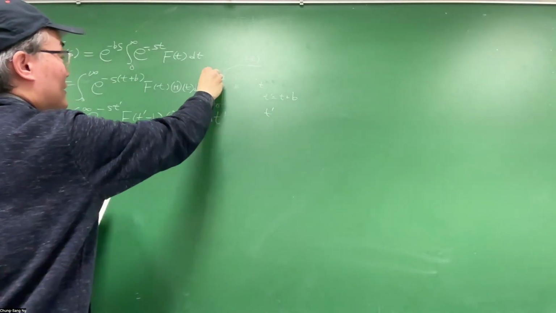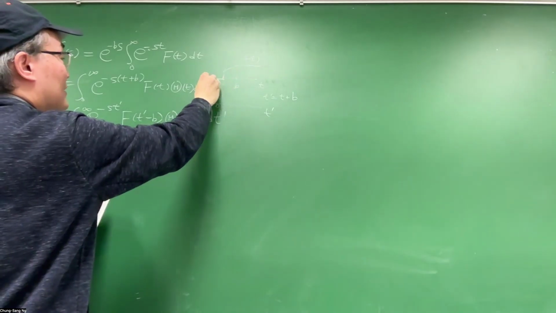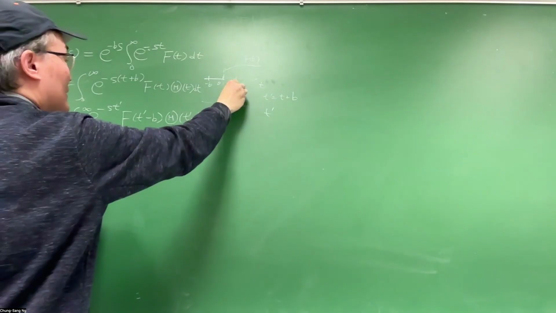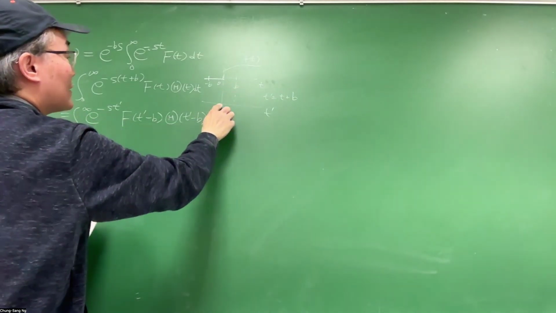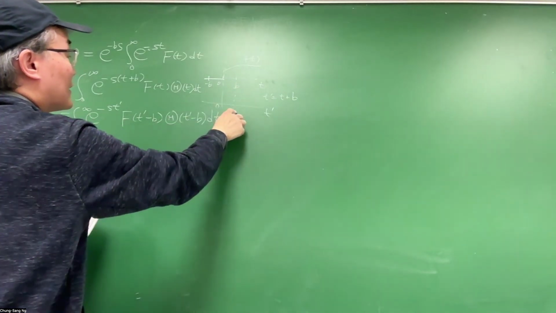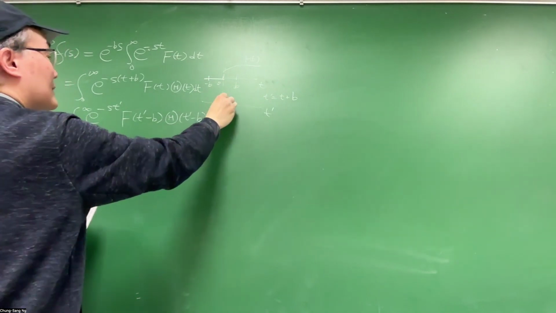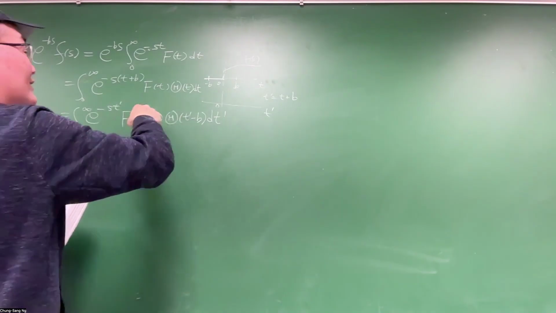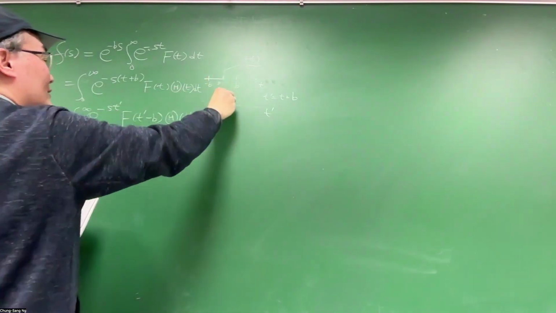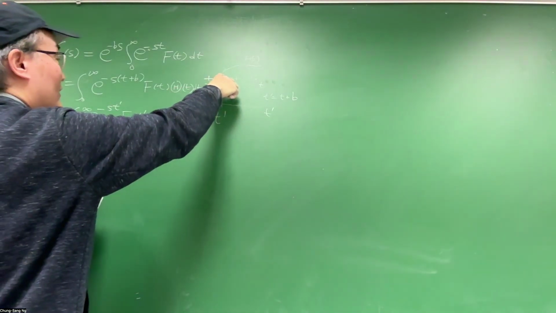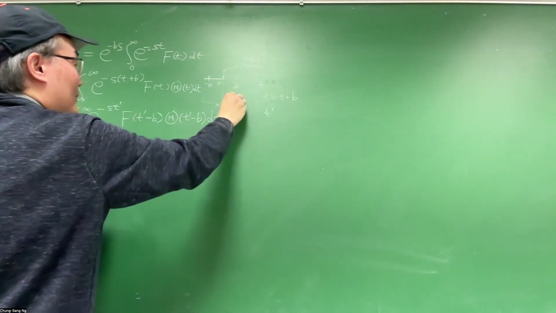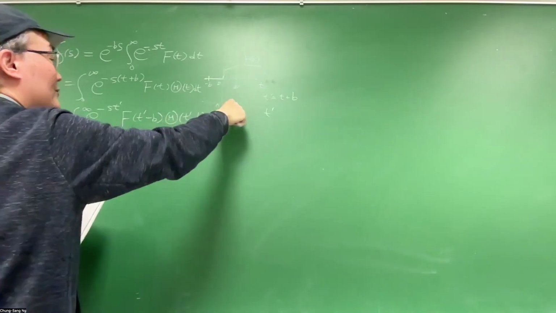This actually corresponds to this minus b. And you start integrating from here, but this point is what we call t equals 0, which is t prime equals b. So this is this point.